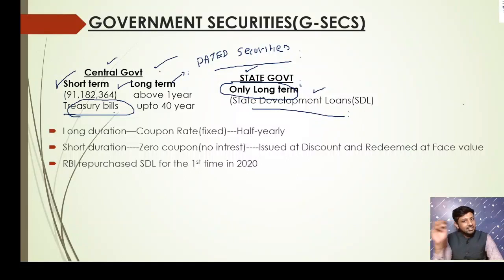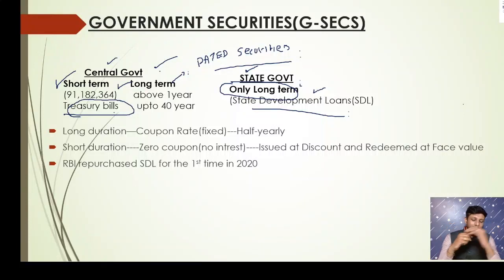In that case, the answer is no, because a treasury bill is a short-term form of government security. But dated securities and state development loans are the longer-term versions. So be careful about the nomenclature.